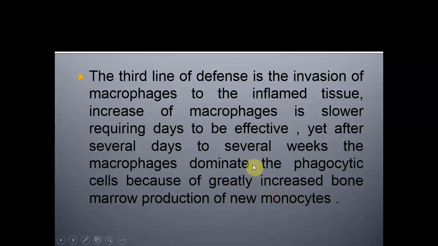But this process takes time. That's why initially we have neutrophils predominant, and then after a few days to weeks, the macrophages dominate the phagocytic cells because they are greatly produced by the bone marrow. They produce new monocytes and they will get outside of the blood to become tissue macrophages.